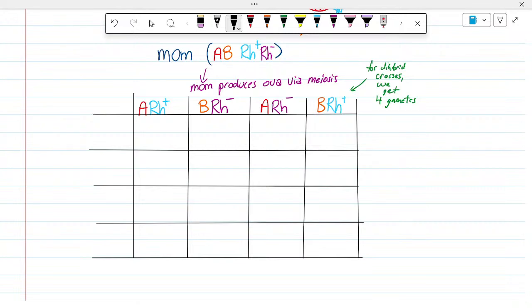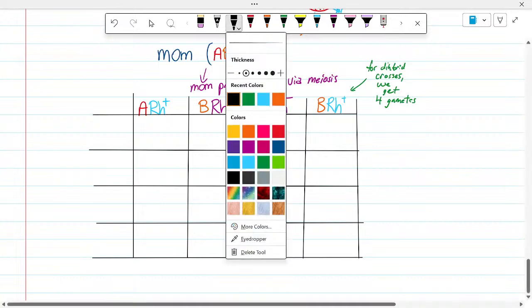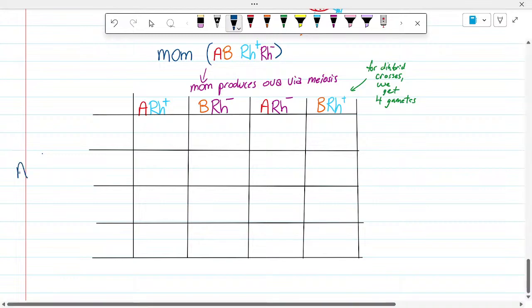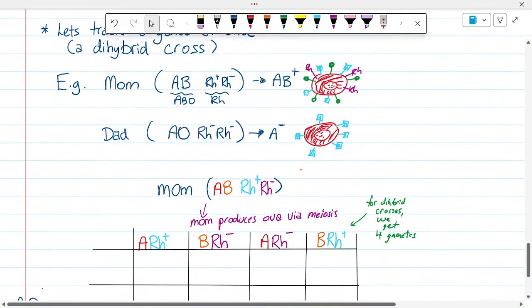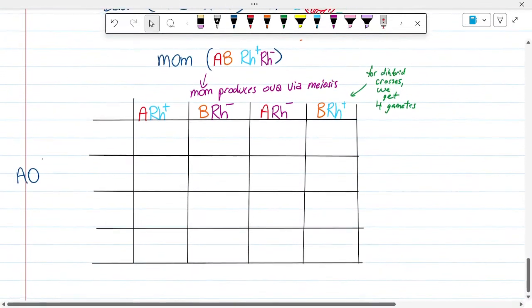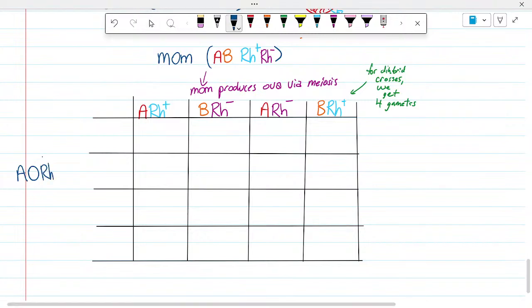Okay, now what about dad? What was his blood type? He was type A. All right. And he was A negative, which means he has Rh negative and Rh negative, right? Okay, so either the A allele will end up paired up with the Rh negative allele, in which case his first gamete would be A Rh negative.